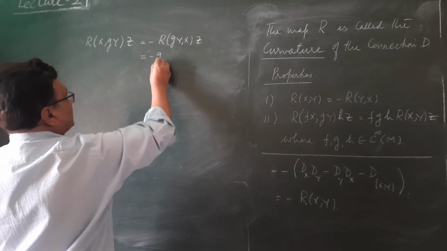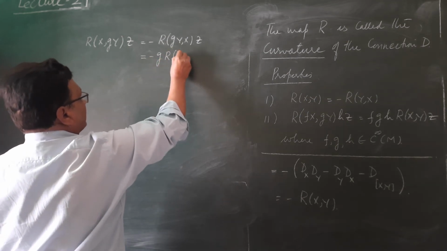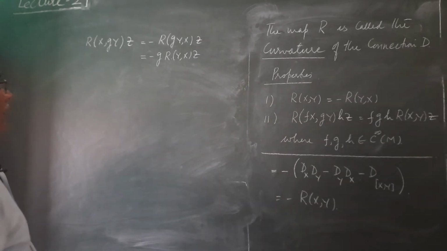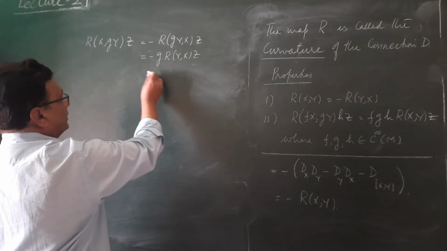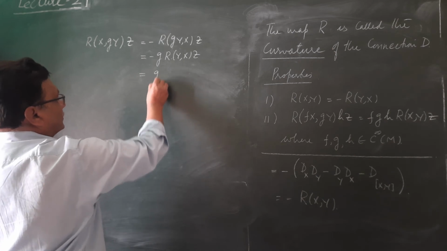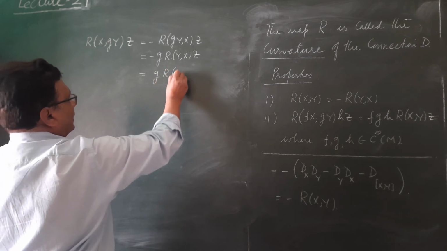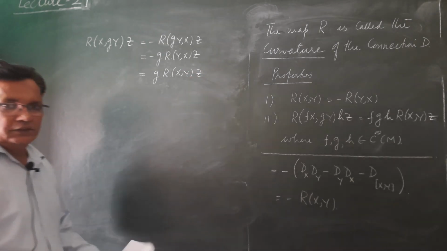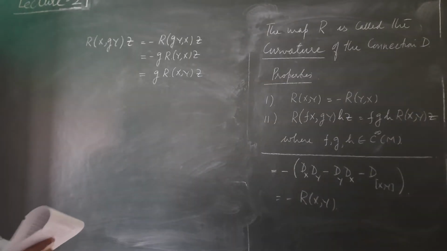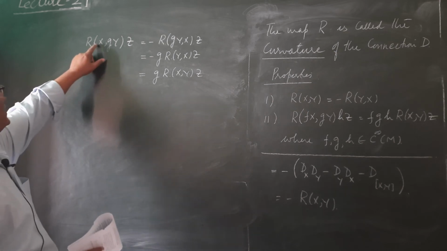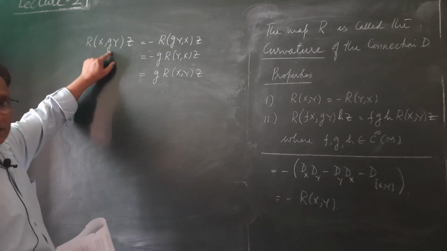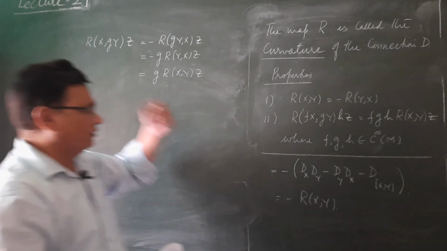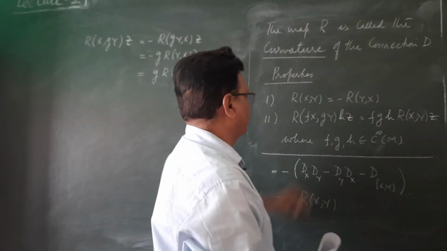So minus g times R of yxz. And now if you interchange x and y, the minus sign will come, so it becomes g of R xyz. So whether a function is sitting here or sitting here, it comes out. So we have verified both of these.